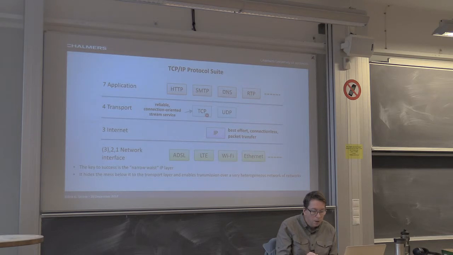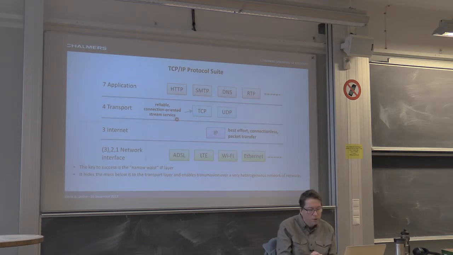TCP uses this service to provide to the protocols above it a reliable connection-oriented stream service. It's reliable in the sense that it says, okay, if you give me, HTTP, a service data unit, I guarantee that it will reach the destination. I also provide a connection-oriented service to HTTP. This is not so necessary for HTTP to know, well, it's important for it maybe.